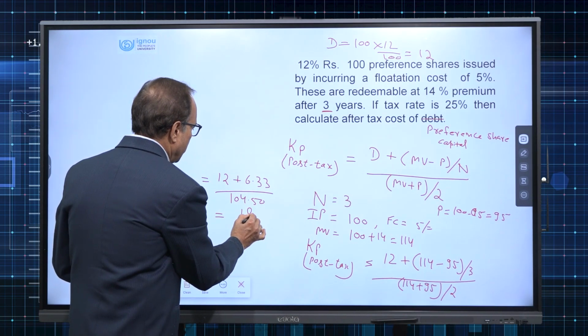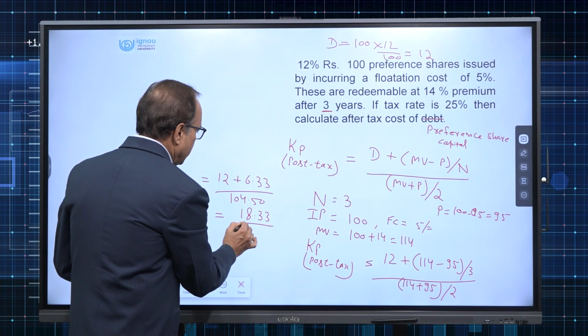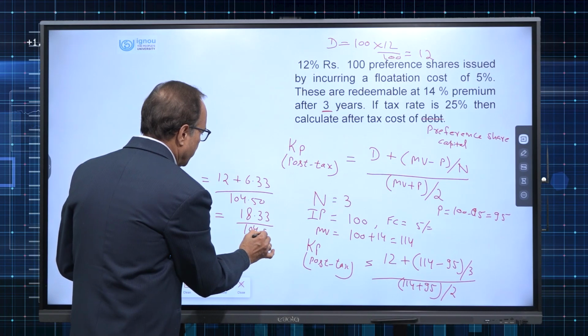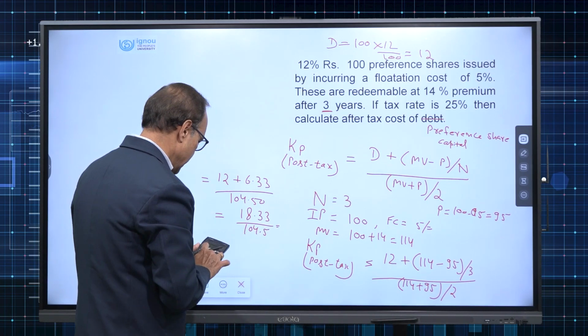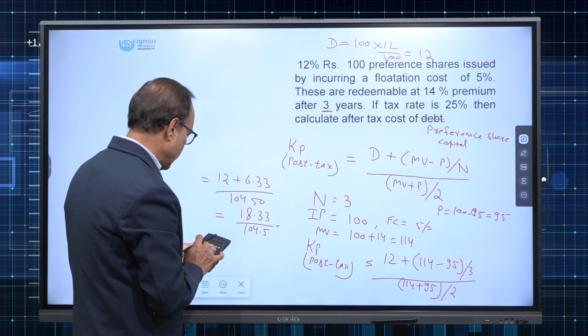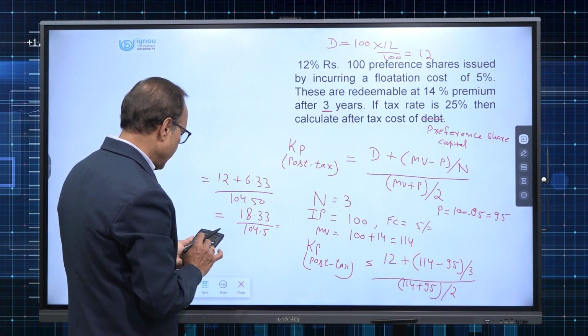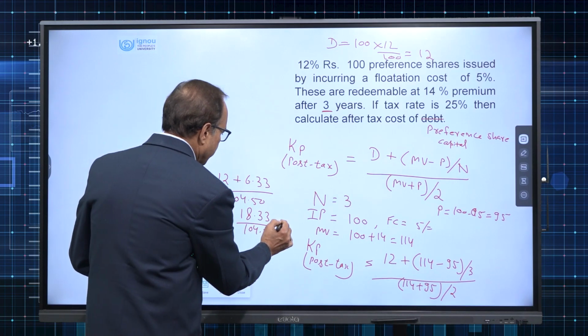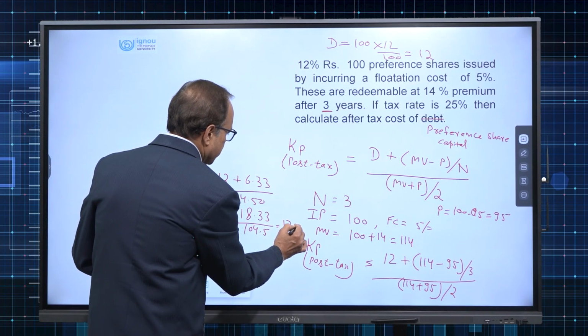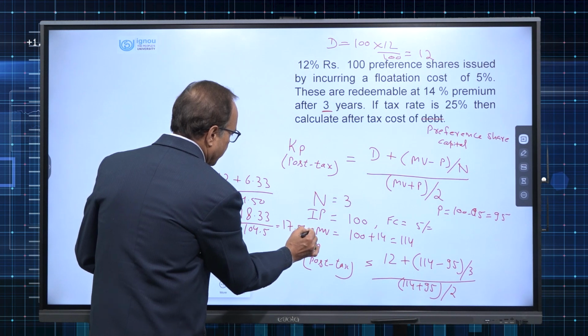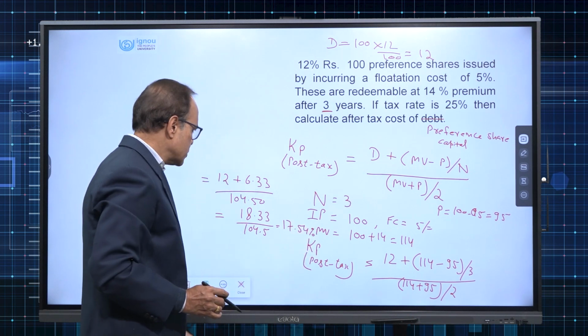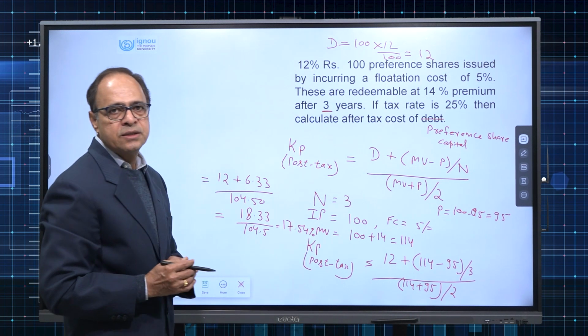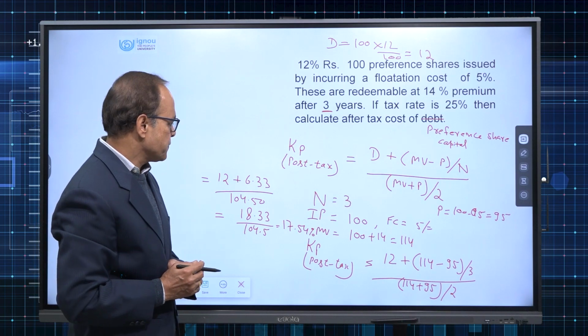So, 18.33 divided by 104.5. So, 17.54%. So, we get an answer. After tax cost of preference is 17.54%.